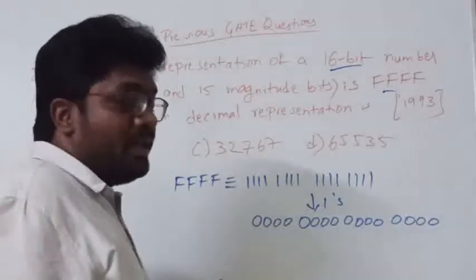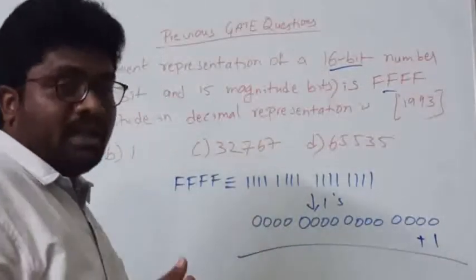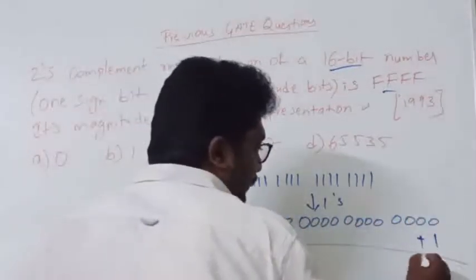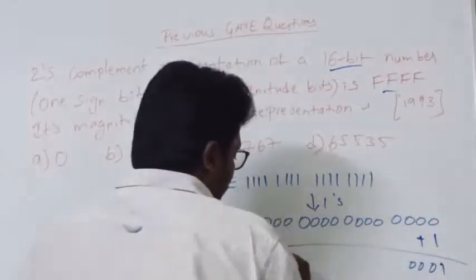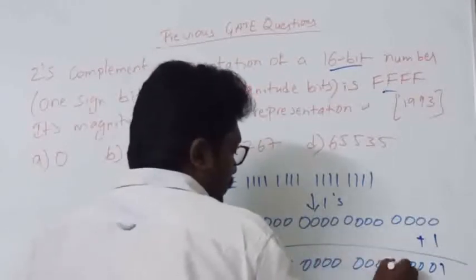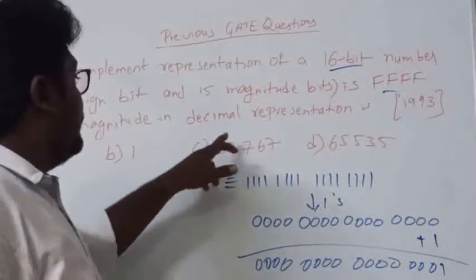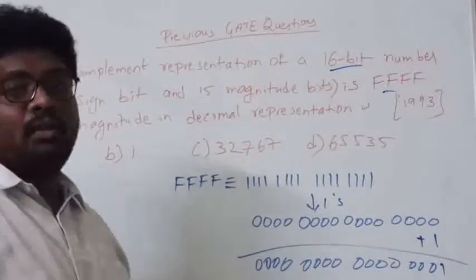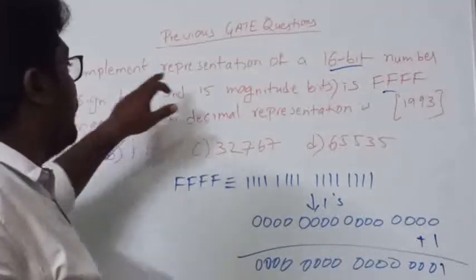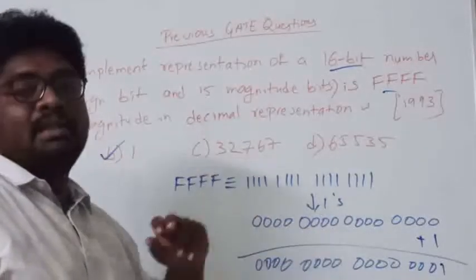To find the 2's complement, we add 1 to the LSB. Then the result will be 1 followed by all zeros. So the decimal representation of this magnitude is 1. So the result is option B, 1: for the 2's complement representation FFFF, the magnitude in decimal is 1.